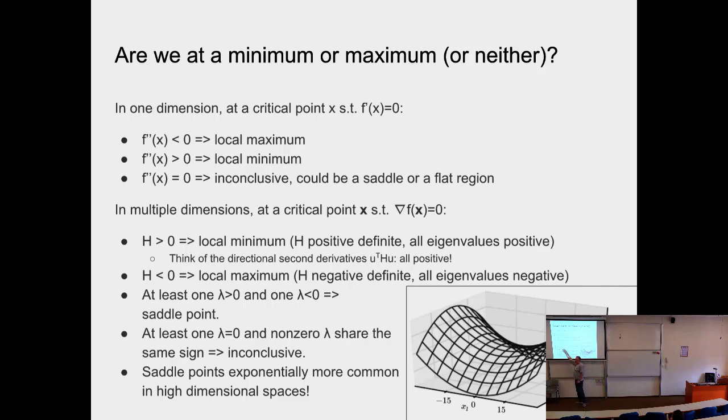If you generate a random H, which means the eigenvalues of these things are also randomly generated, then most of the time you're not going to get all positive eigenvalues or all negative eigenvalues. So that means most of the time you're going to get positive and negatives, which will put you on a saddle point.